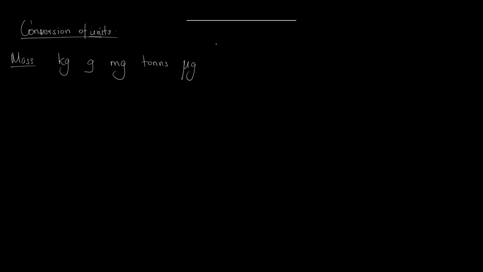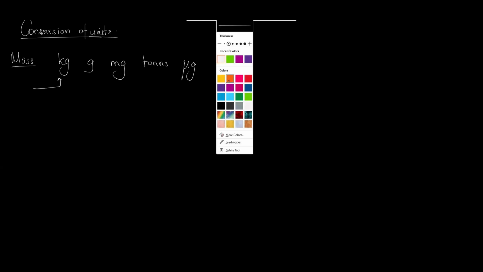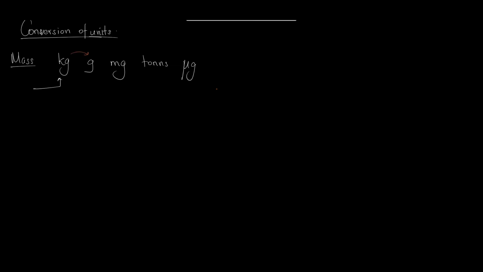So what are these? We know these are alternate units. This is your SI unit. So there should be a connection between these units, right? So kilogram should be converted to gram, kilogram should also be able to convert to milligrams, tons should be able to be converted to grams, and you should be able to convert tons to microgram.